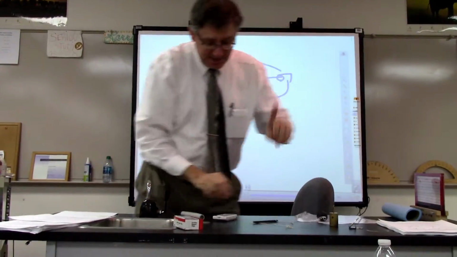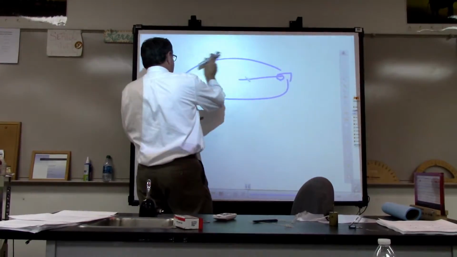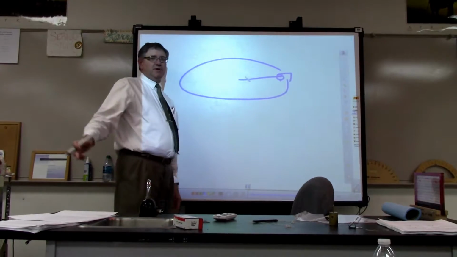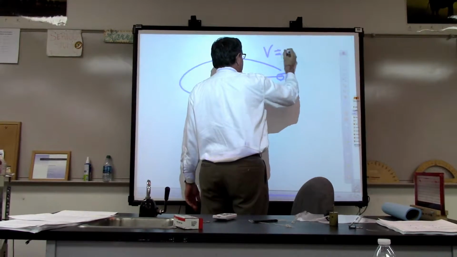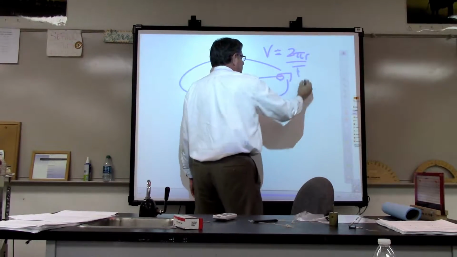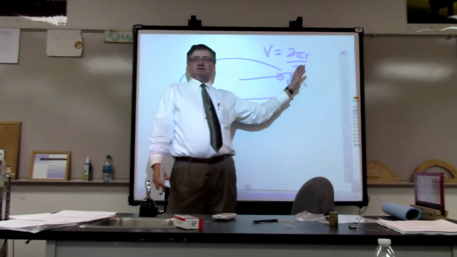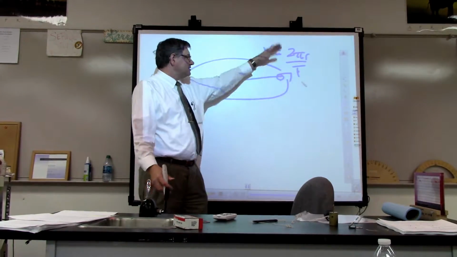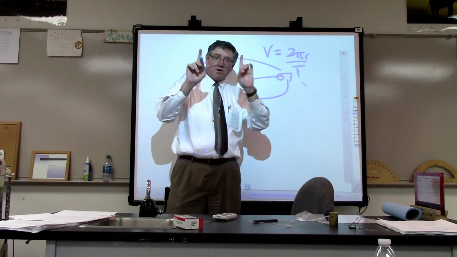Today you're going to measure the radius, and then measure how long it takes to make 1 revolution, and use v equals 2 pi r over t. 2 pi r is the circumference, that's how far it travels, and t is how long it takes to make 1 revolution. Divide that, and there's your velocity.